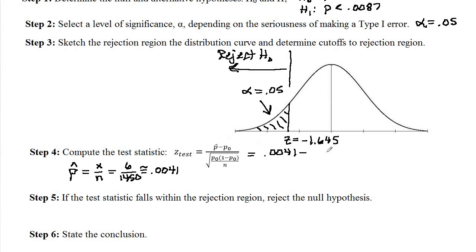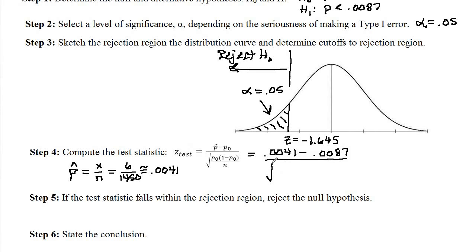We are subtracting off the population or hypothesized proportion, which was the 0.0087. So this 0.0041, 0.4% instead of 0.87%, looks like it's significantly smaller. We'll see if it's statistically significant when we calculate our test statistic here.